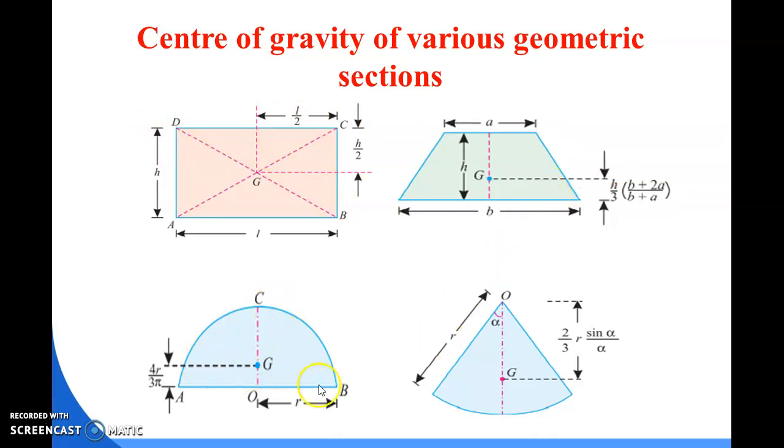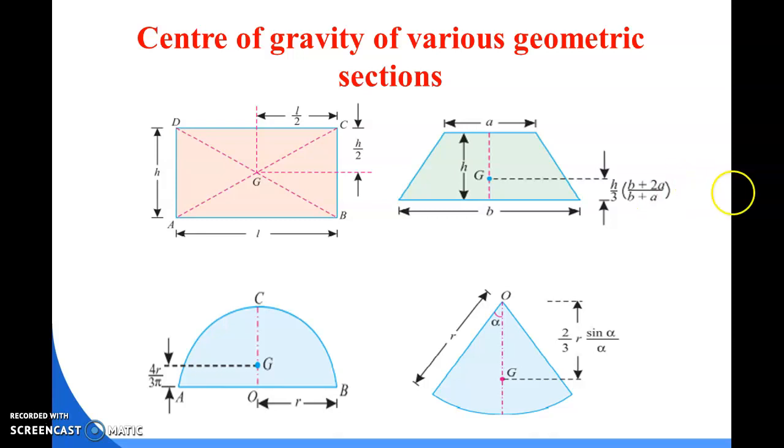Similarly, in the semicircular case, the CG acts at 4r by 3 pi from the bottom of the section. In case of trapezoidal section, the value of CG from the base is equal to h by 3 into (b plus 2a) divided by (b plus a).